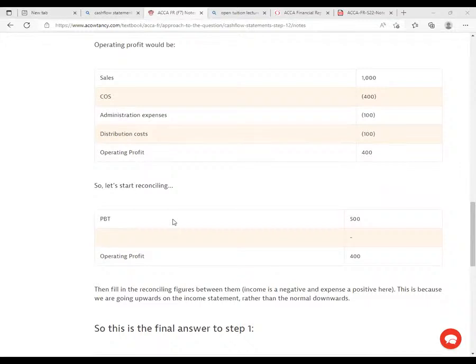Is there anybody who will be able to do a reconciliation? According to IAS 7, we need to start with PBT, and then we work backwards to operating profit.